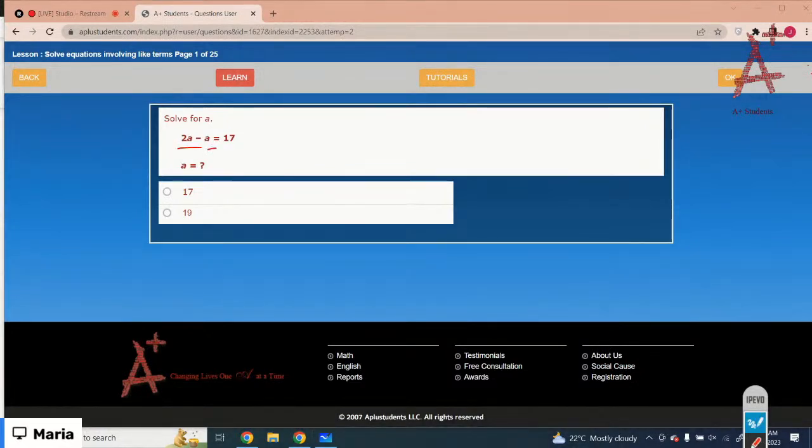So you can just solve their coefficients. They are subtracting. The coefficient for this one is 2 and for this one is 1. You have to do 2 take away 1, which is 1. Here you have the variable a. It would be 1a equals 17. Either you write 1 or you don't write it, that is the same.